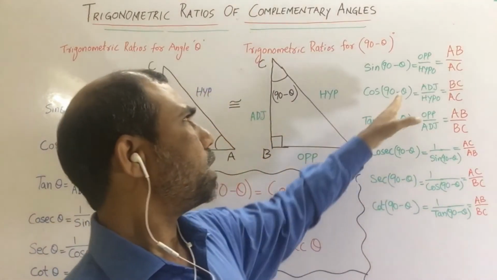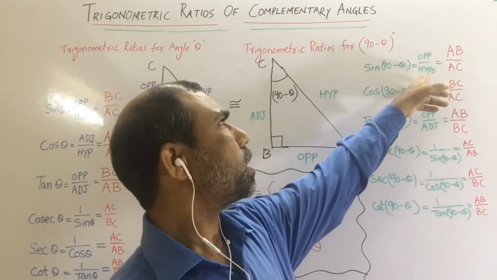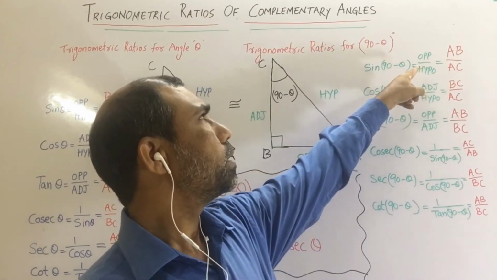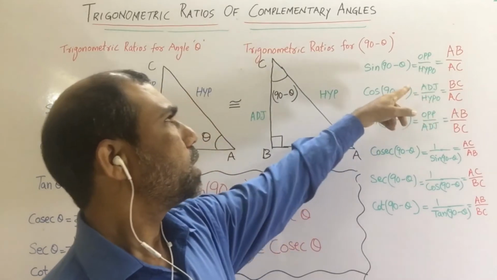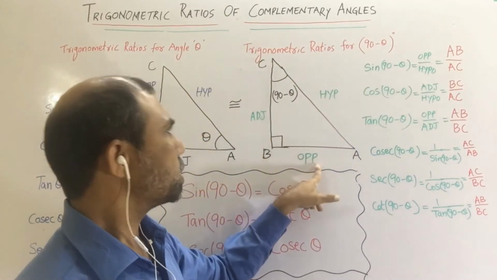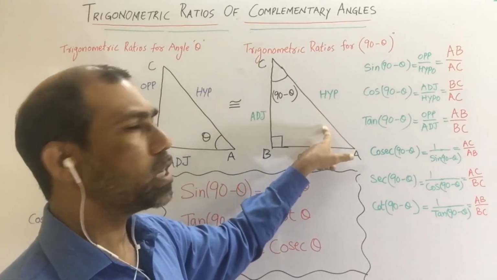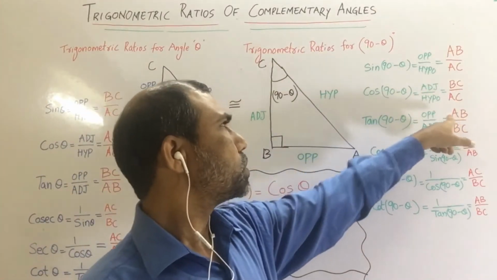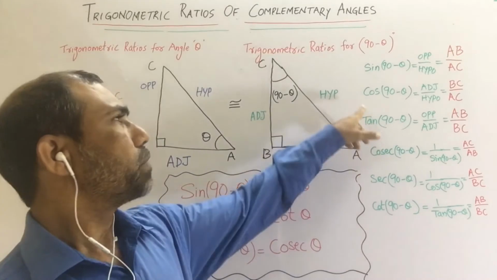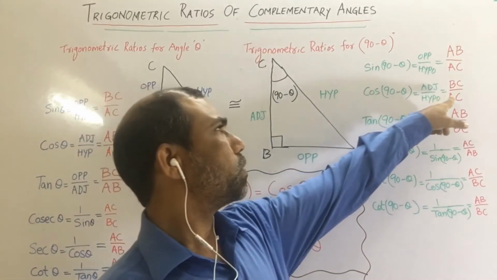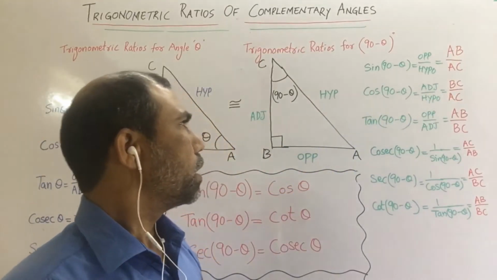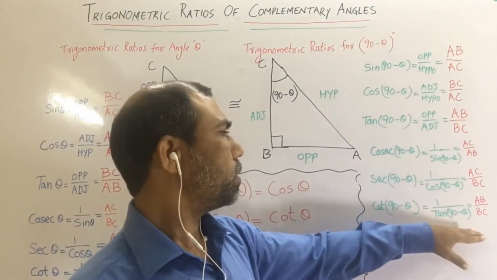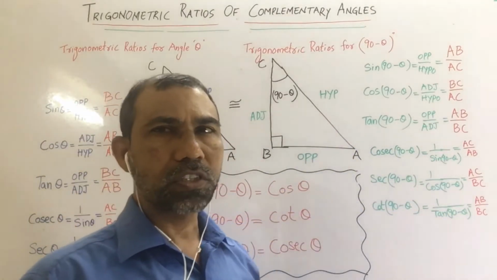Based on that, sin 90 minus theta is the opposite to 90 minus theta over the hypotenuse. From this triangle, opposite is AB over hypotenuse AC. If you see the remaining functions, cos 90 minus theta is equal to BC over AC, and similarly you can get all the remaining functions.